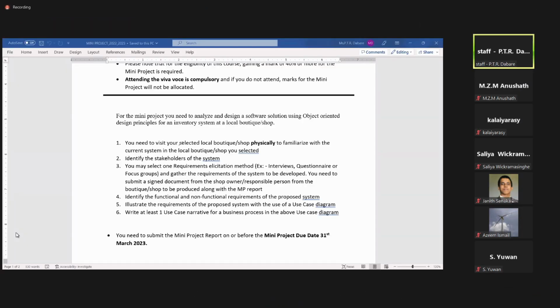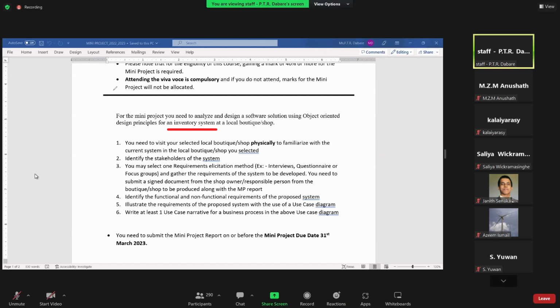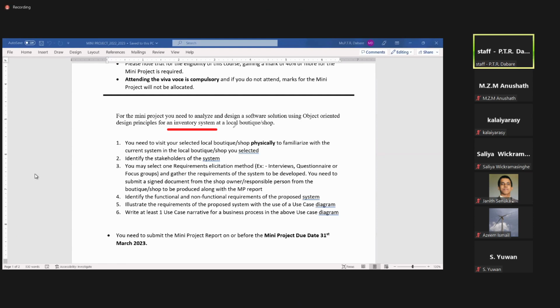You need to visit your selected local boutique or shop physically to familiarize yourself with the current system in the place that you selected. First of all, you need to learn how an inventory system works. You need to select one place.